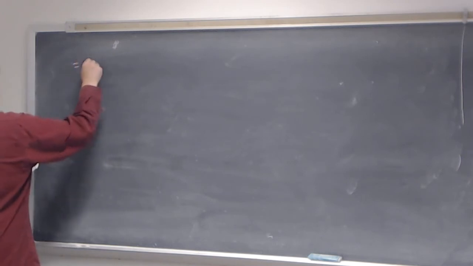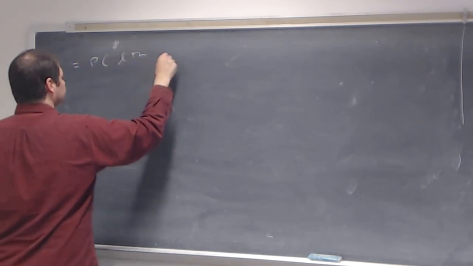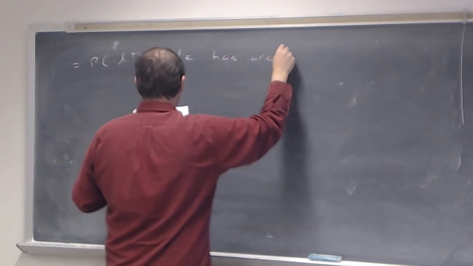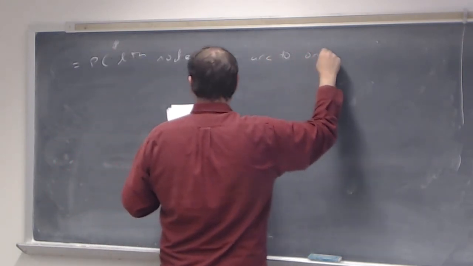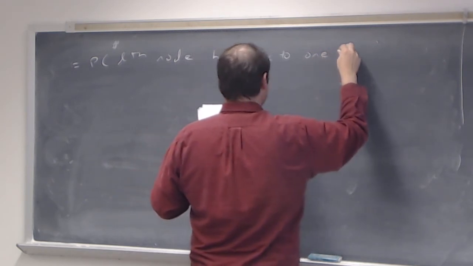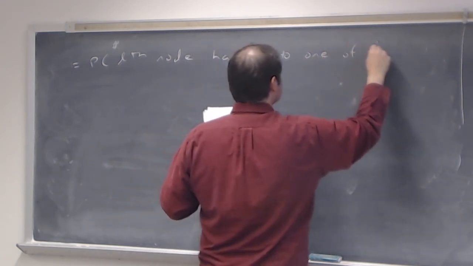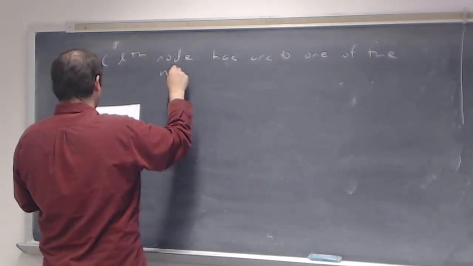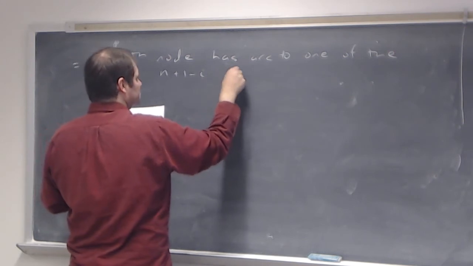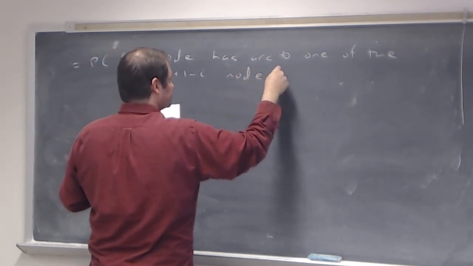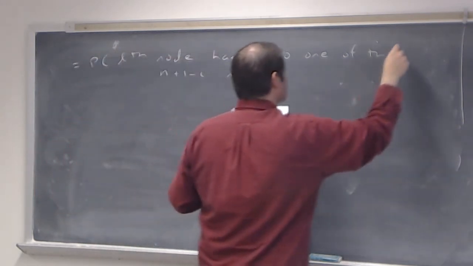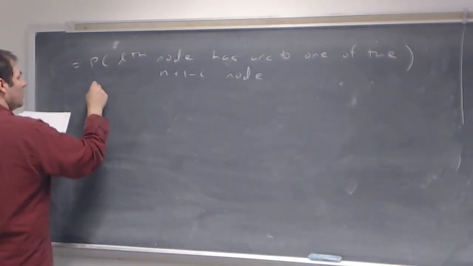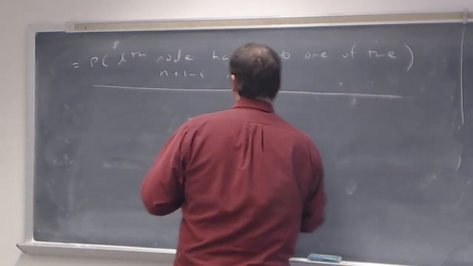Okay, that's equal to the probability that the L node has an arc connected to one of the n plus 1 minus I nodes not connected to zero, over, what was the probability not connected to the node zero?